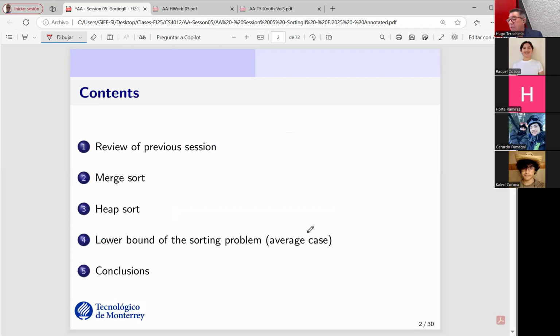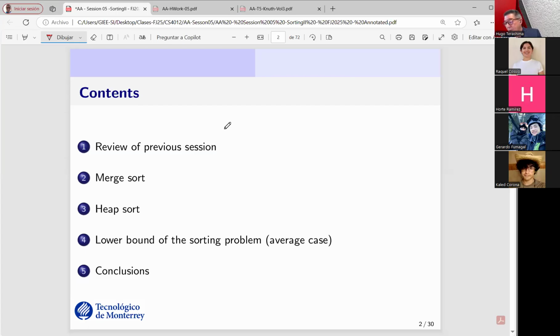So the previous session, right, we talked about the lower bound of the problem in the worst case, and then some algorithms, and some conclusions about the topics. And now we are going to basically check three things.